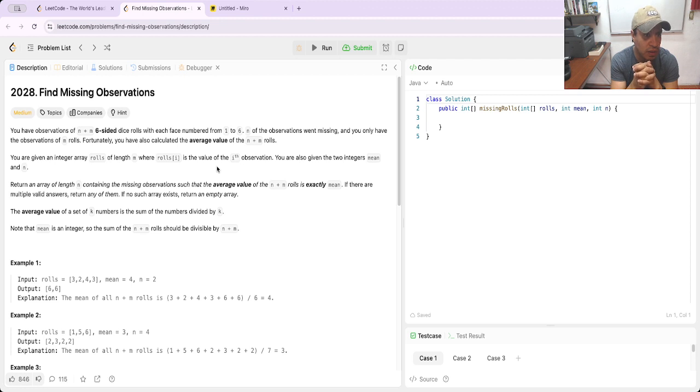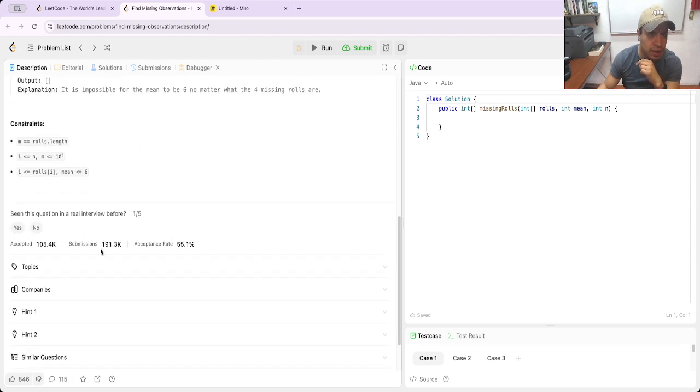Fortunately, you also have the average value of the n plus m rolls. You are given an integer array rolls of length m, where rolls[i] is the value of the i-th observation. You are also given two integers, mean and n. Return an array of length n containing the missing observations such that the average value of the n plus m rolls is exactly mean. I can bet that it is a similar simulation.